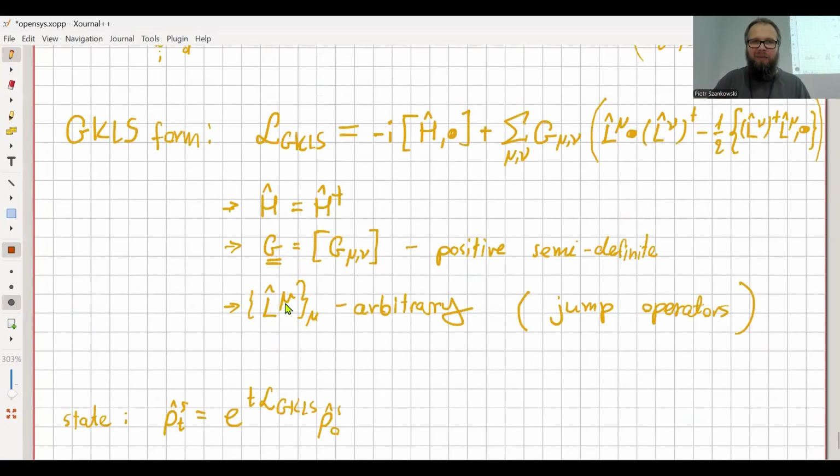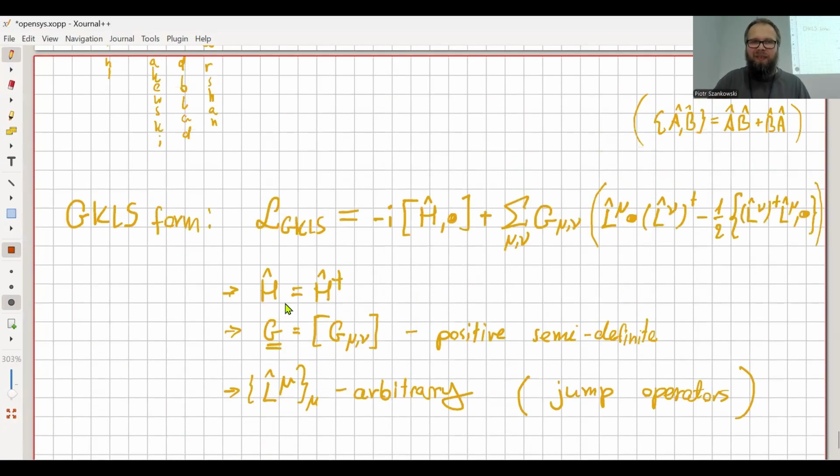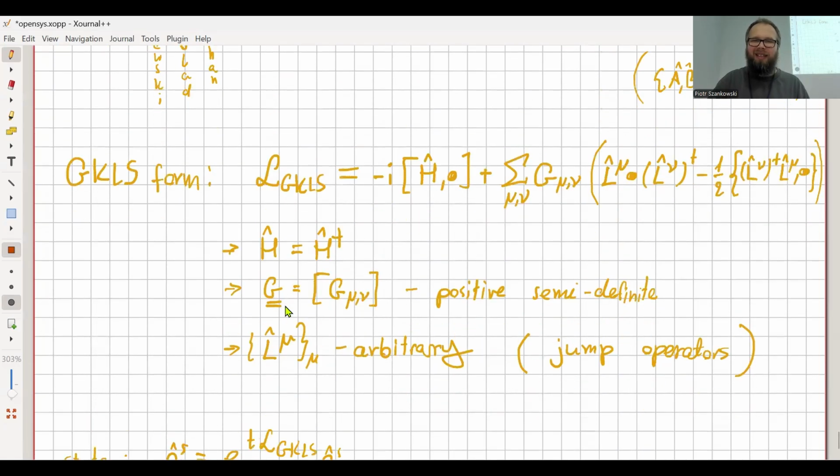The advantage of using this GKLS form is that there's a lot of freedom in choosing what this map actually does. So we can sculpt it, design it to fit our purposes.